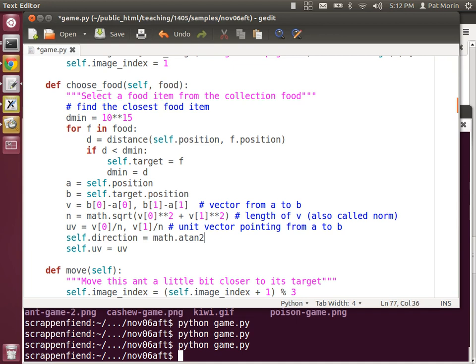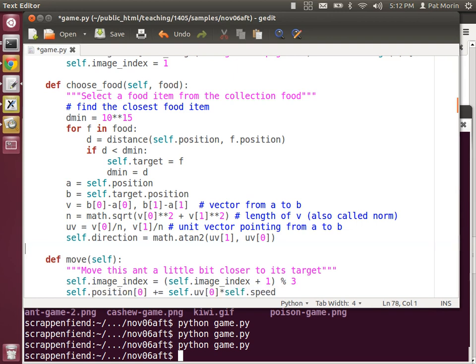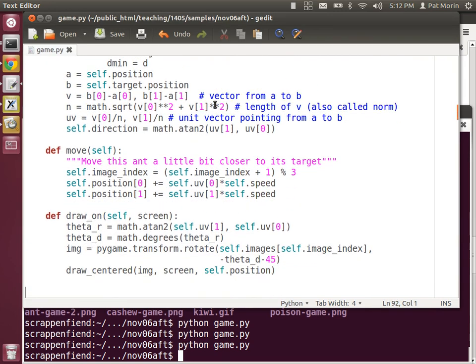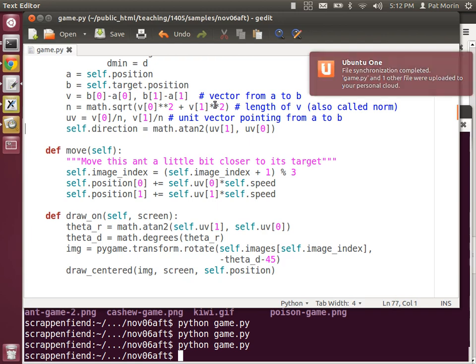So instead of UV being 1, 0, we can just set its direction equal to 0. And now here, instead of saving UV, we can just say self.direction is equal to math.atan2(UV[1], UV[0]).